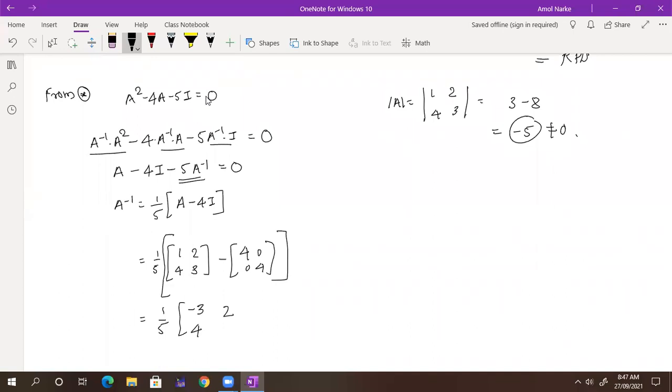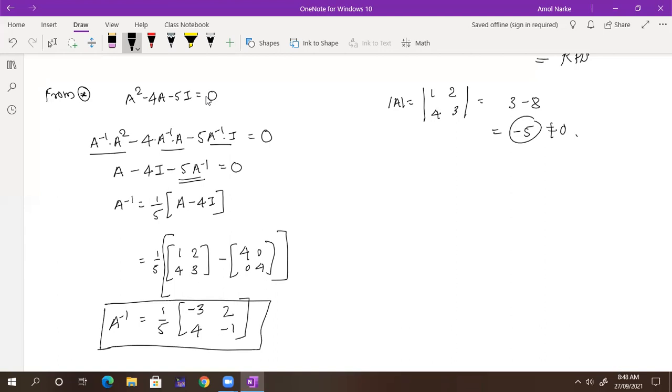And 3 minus 4, you are getting -1. And multiply that 5 inside, or you can keep it as it is, no problem. This is what you have, A inverse of a given matrix. Clean and clear?